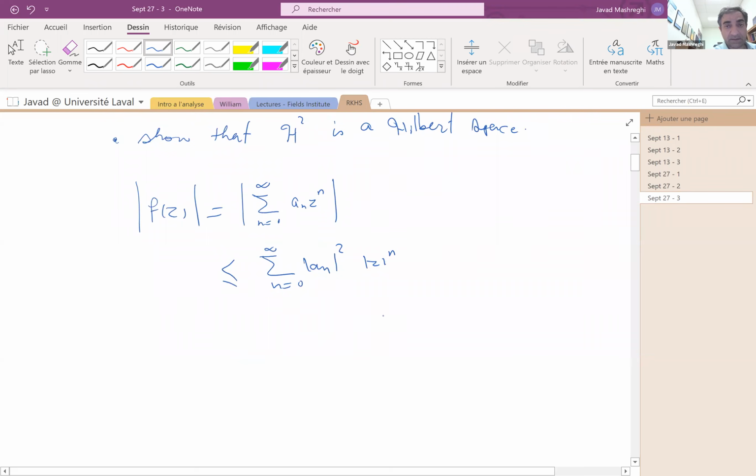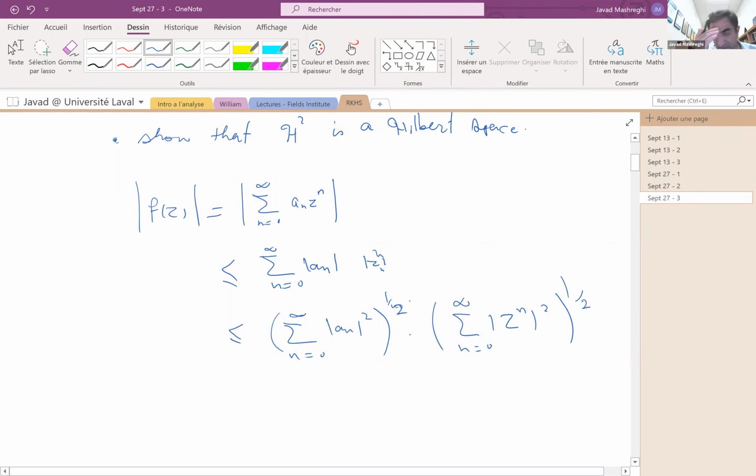Then we do Cauchy-Schwarz: it is less than or equal to the sum from n=0 to infinity of |a_n| squared, to the power 1/2, times the sum of |z|^(2n), to the power 1/2.